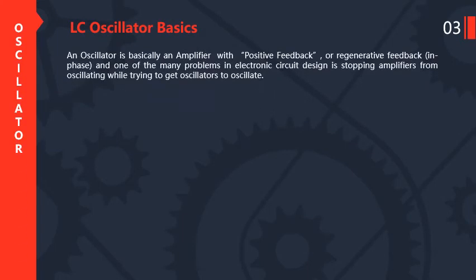An oscillator is basically an amplifier with positive feedback or regenerative feedback. One of the many problems in electronic circuit design is stopping an amplifier from oscillating while trying to get an oscillator to oscillate.